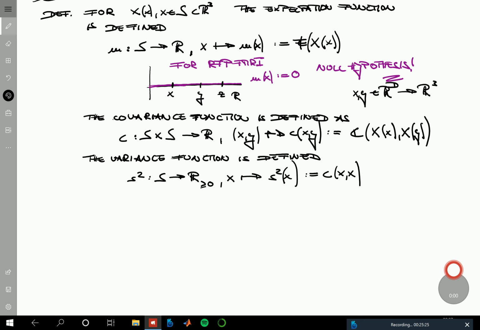And this is just defined in terms of the covariance function. So the expectation function is important because it will encode the null hypothesis, the covariance function is important because it can encode smoothness, and the variance function because we sometimes need it for Z fields.